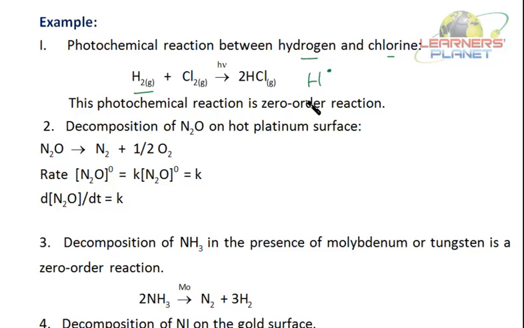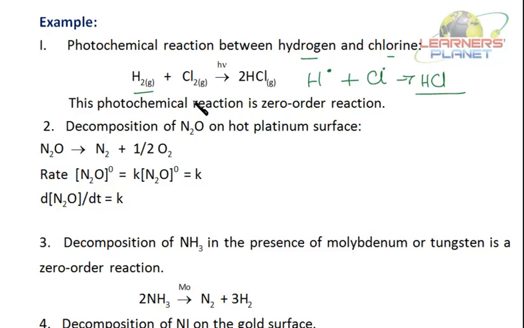The hydrogen free radical is formed, then it combines with the chlorine free radical, forming hydrochloric acid, and in each step the free radicals are formed.